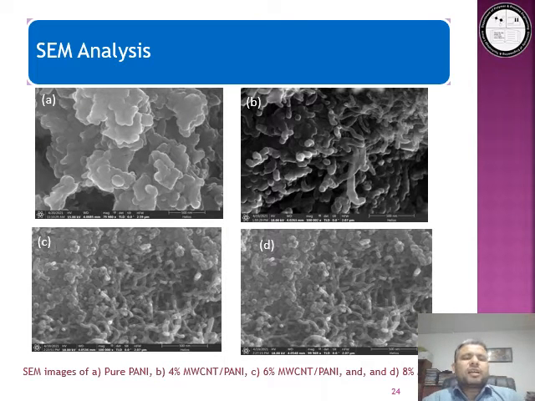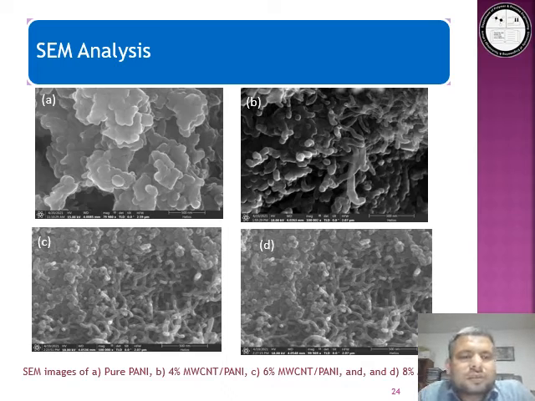Similarly, in the SEM analysis, you see in figure A the flakes of pristine PANI polymerized by in situ polymerization. It can also be seen in figure B that nanocomposites containing 4 to 8% of multi-wall carbon nanotubes show a good dispersion.